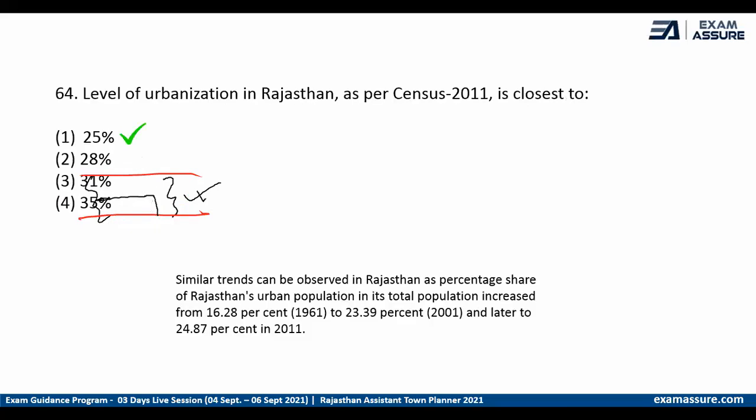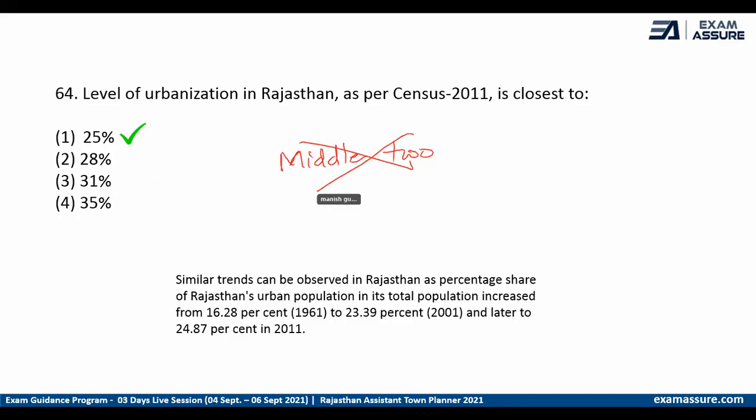The next question: level of urbanization in Rajasthan. As per census 2011, it's 25. Now, this is an exception to the rule that we discussed. Here, we don't have a middle two as the correct answer. But Rajasthan's urbanization level is specifically low.